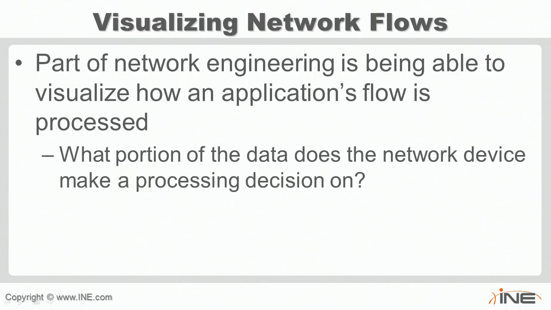So the difference between a layer 2 Ethernet switch looking at MAC addresses and what is known as the CAM table, or the content addressable memory, is going to control how it forwards its traffic, versus a layer 3 IP router that's going to use what's known as the routing table.